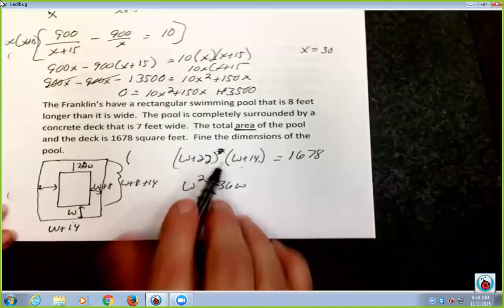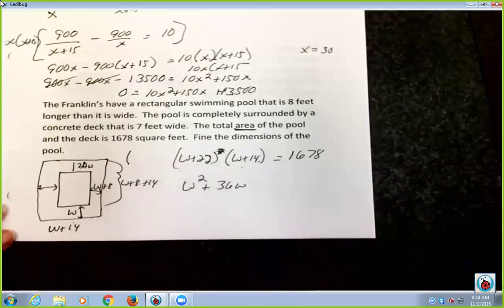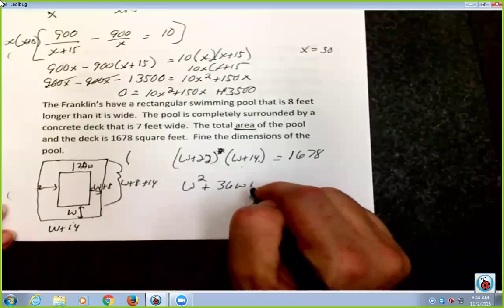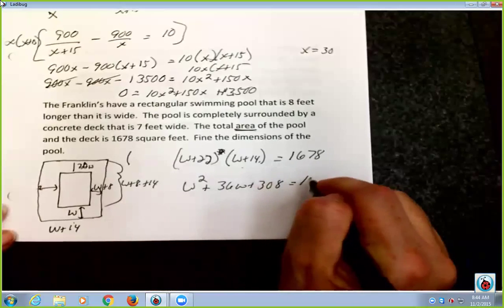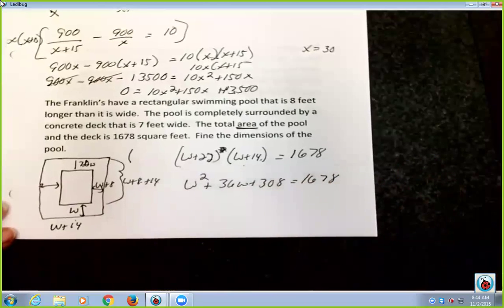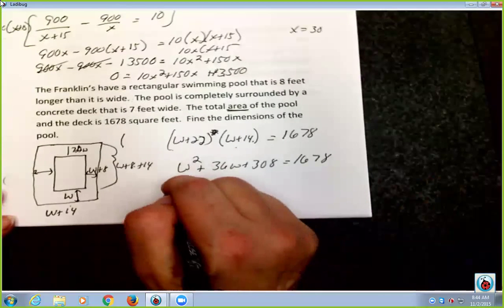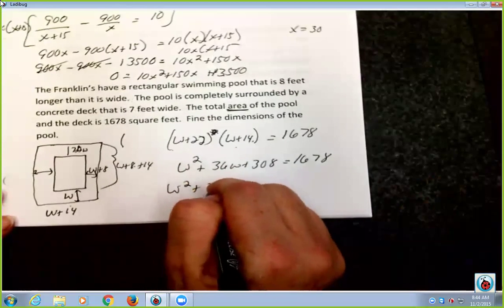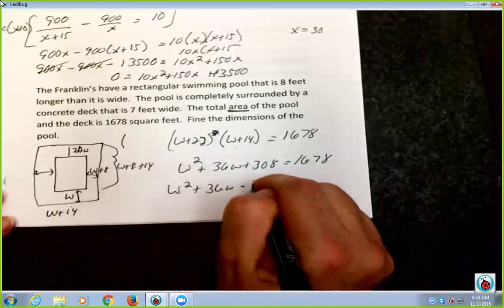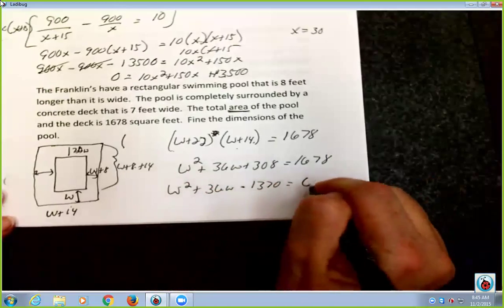And last, 22 times 14 is 308. Move the 1678 over. And I find that I have W squared plus 36W minus 1370.